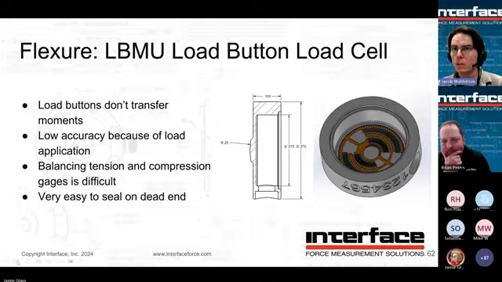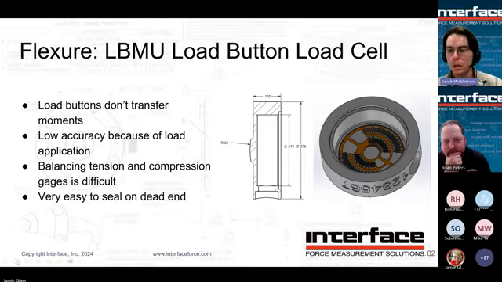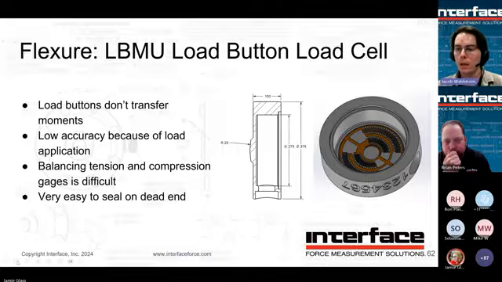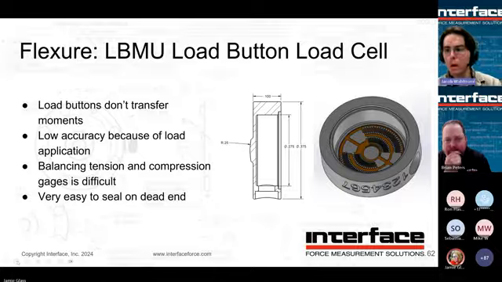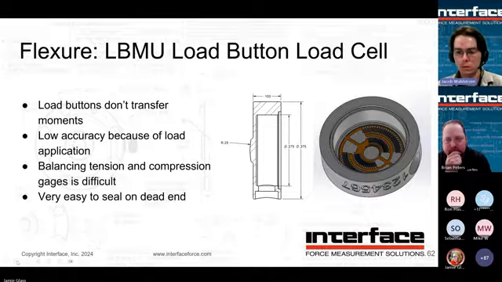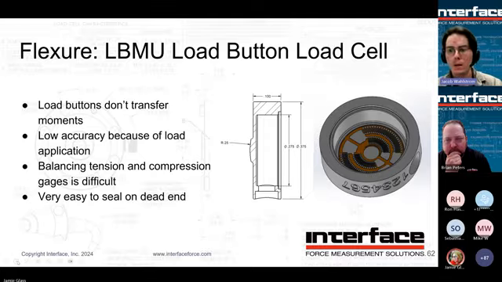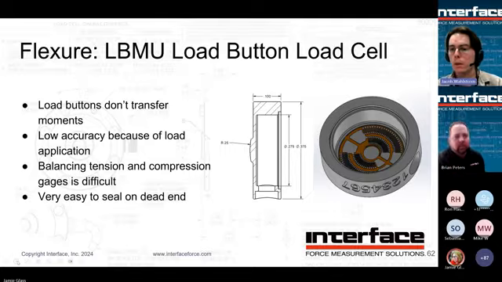This is also called a patch gauge, and this means that the tension and compression gauges relative to each other are in the same location every single time, and the technician only has to install 1 patch. So this helps these load cells perform as best they can, and also be a cost-effective cell to manufacture.